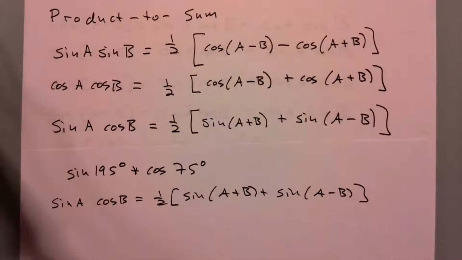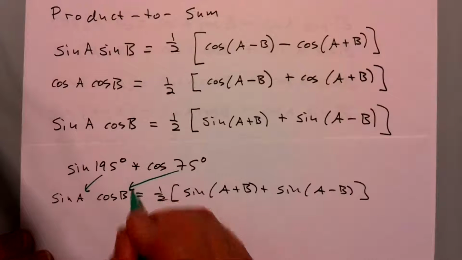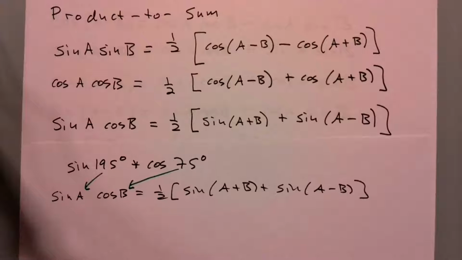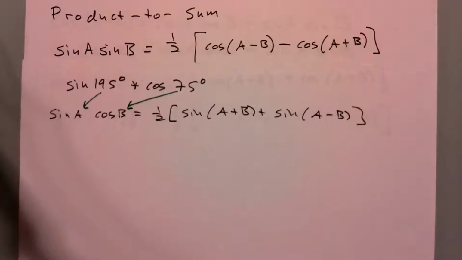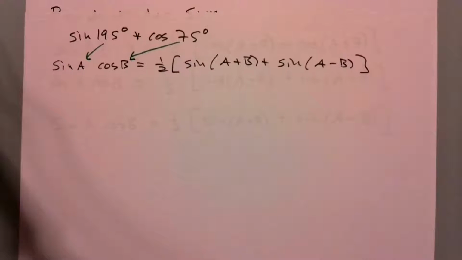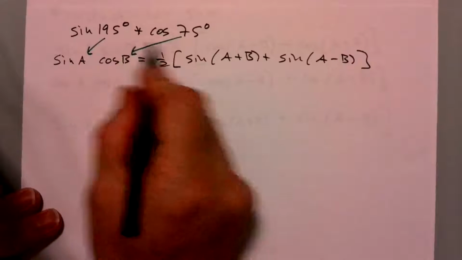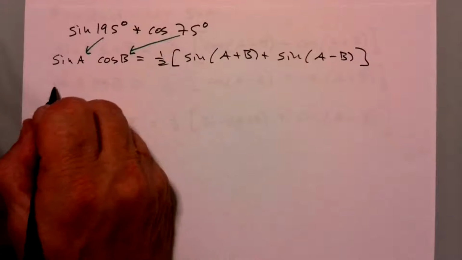So what is what in this problem? 195 degrees is going to stand in for A. 75 degrees is going to stand in for B. So wherever we see A and B, we're going to replace it with 195 and 75. So what will this be for me? What am I going to have? Well, I've got sine 195 cos 75.